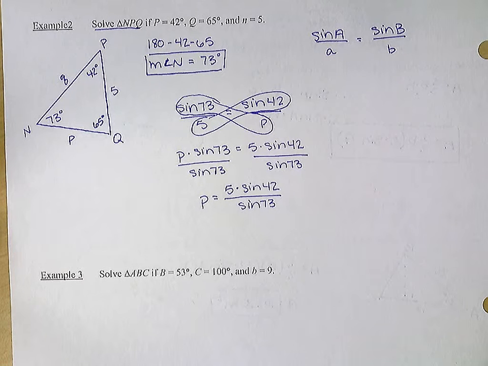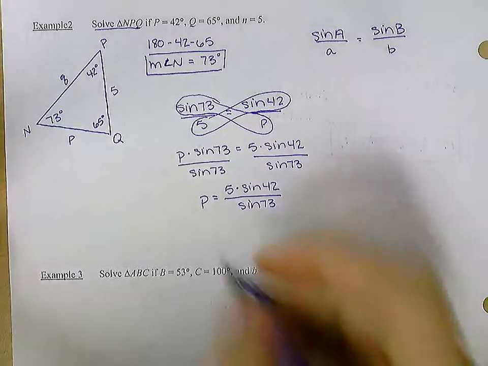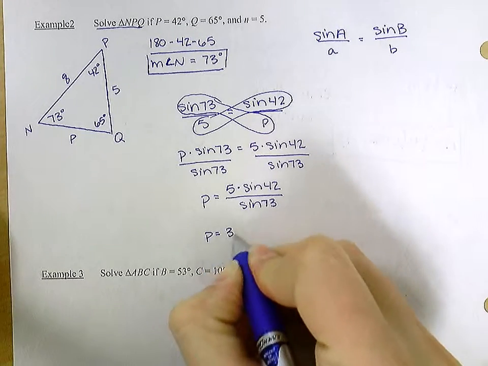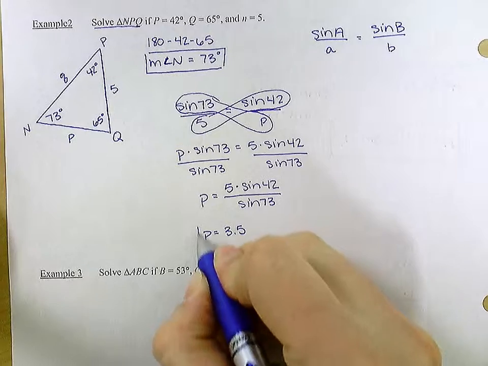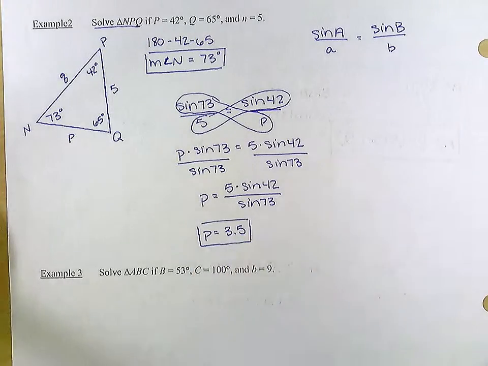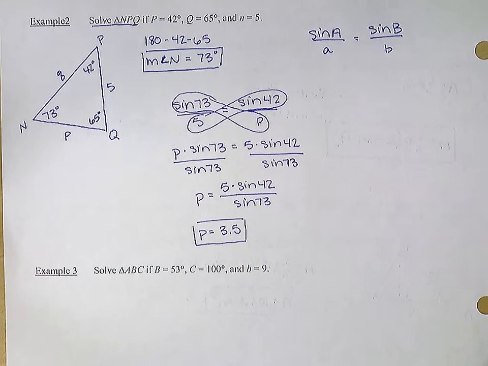Yes. When you enter it into your calculator correctly, you should get P to be 3.5. Okay, so I still need to find side Q.